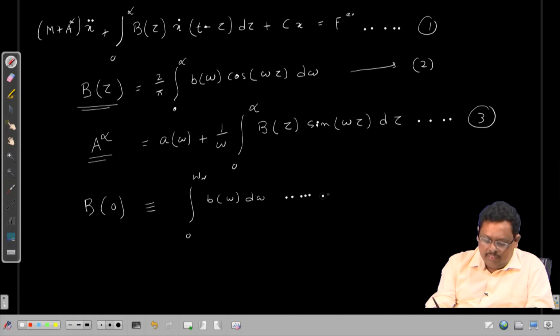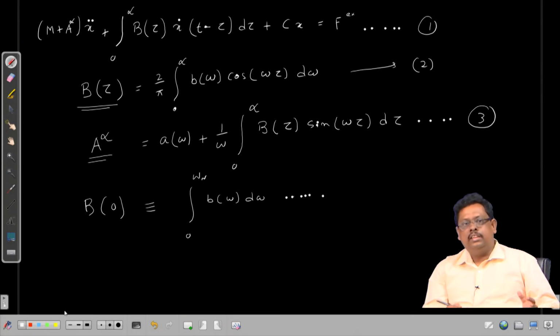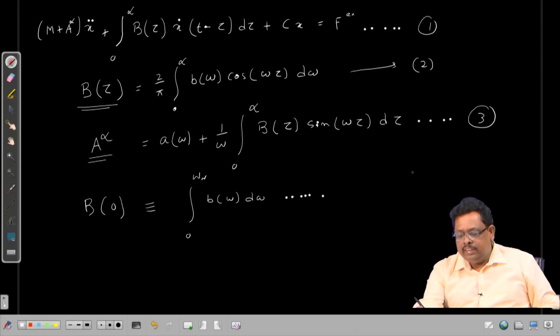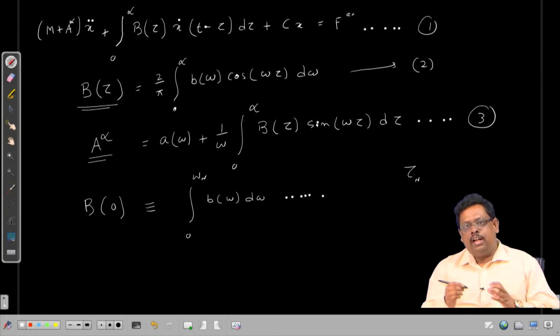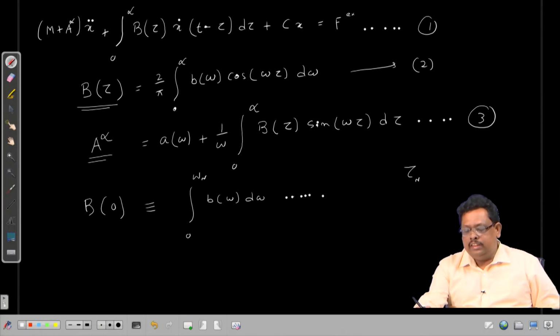Then we had a lot of discussion on how we can set tau n, because we understand that for large tau this whole expression goes to 0.